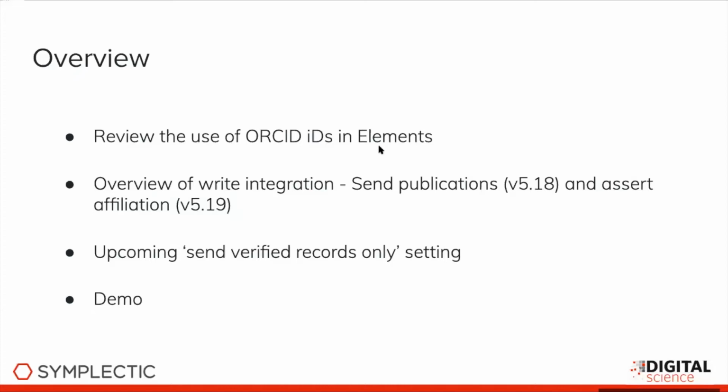And these pieces of functionality are both released, they're out there in the wild on these different versions. We do have some upcoming functionality that I'll touch on, which will be released in 5.20 at the beginning of April. And of course, I'll log into Elements and show you around, show you how it all works.